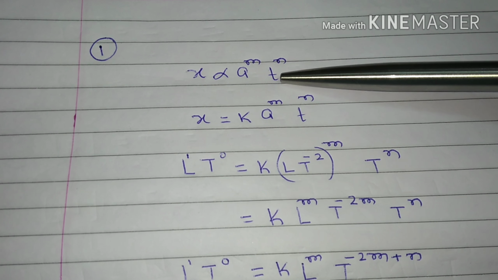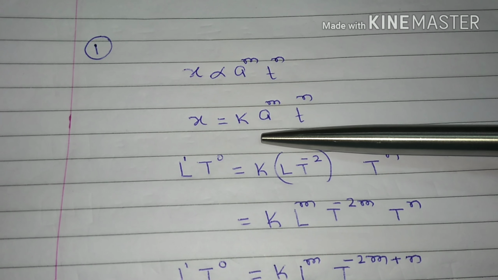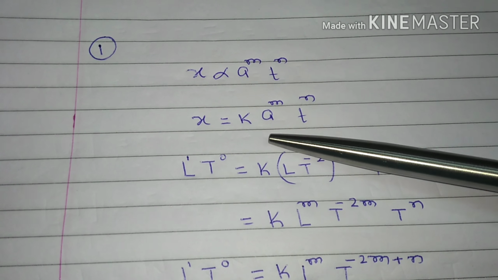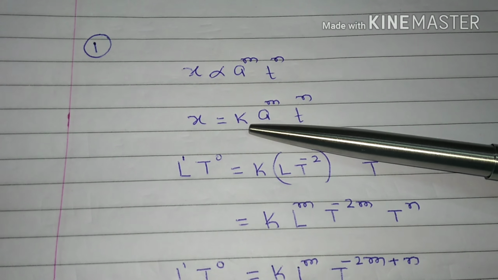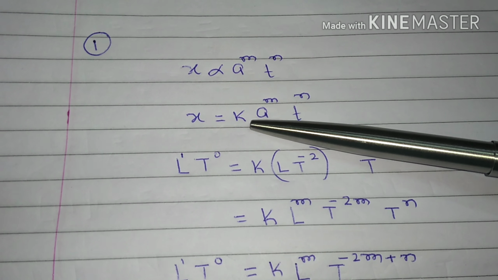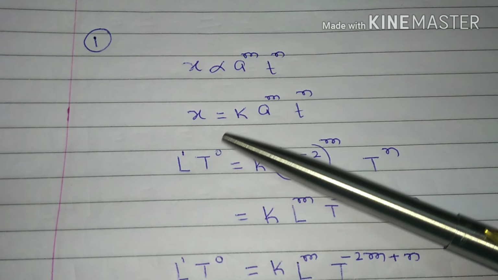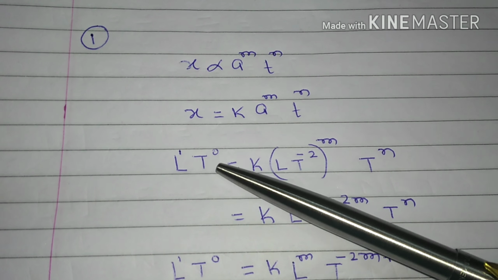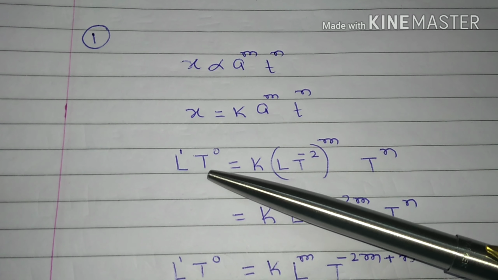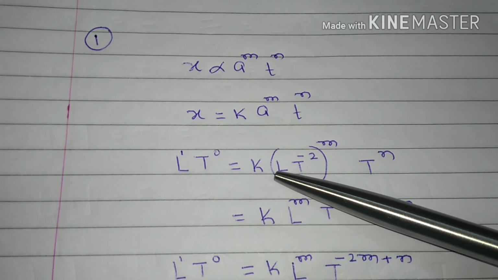A is the acceleration, t is the time, m, n are two constants. Then x is equal to some k into a^m into t^n, you can write. K is some constant. So we can check what relation we will get by using dimension analysis. X is the displacement, no? So its dimension is L^1, t is not there, so t^0, t^0 is 1 only.